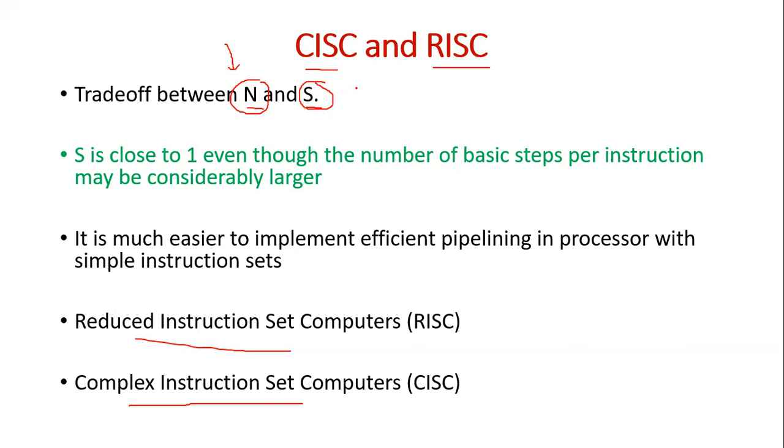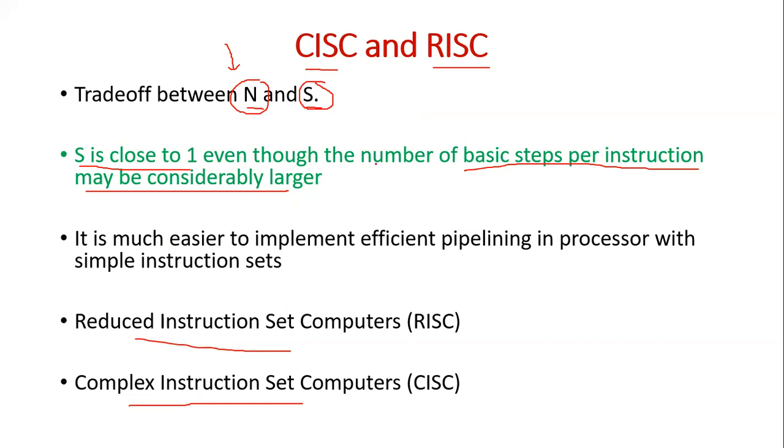Okay, so previously we discussed that we can bring S close to 1. Okay, even though the number of basic steps per machine instruction may be considerably large. So this point you should understand. I don't know how much you are able to catch it. That is, S is close to 1. That doesn't mean that the number of basic steps will be equal to 1.